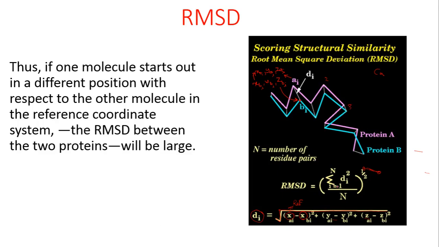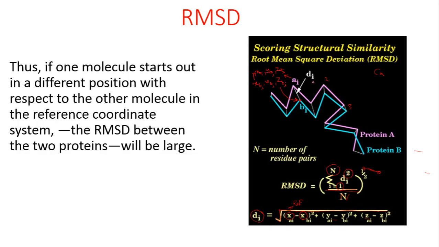You would sum up this distance from the first residue to the nth residue present in your two proteins. Now, in order to normalize this, you divide it by the number of residues present in your two proteins.